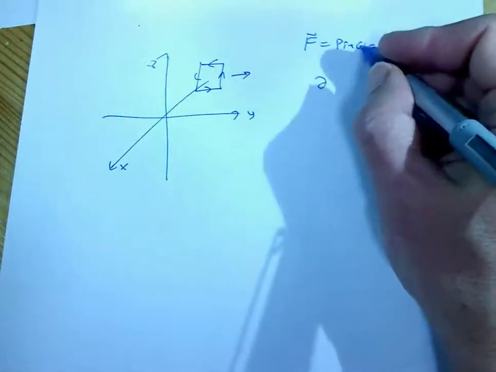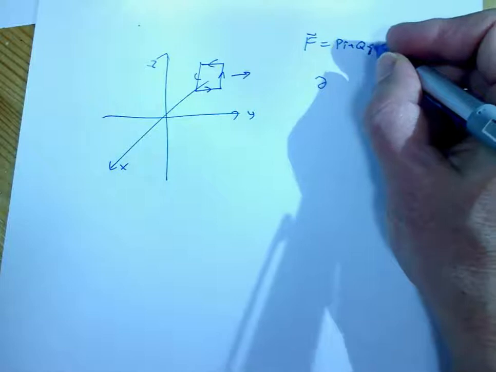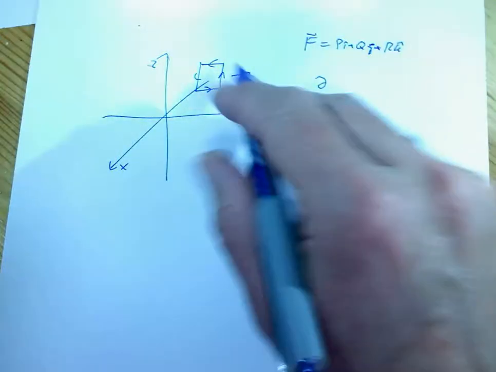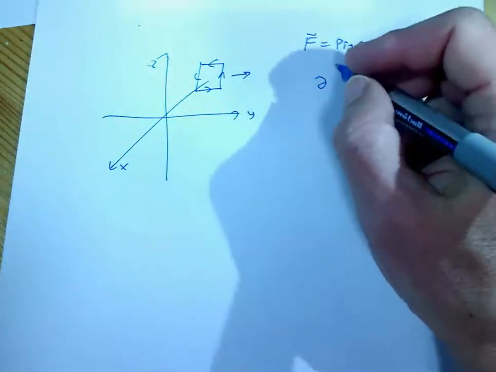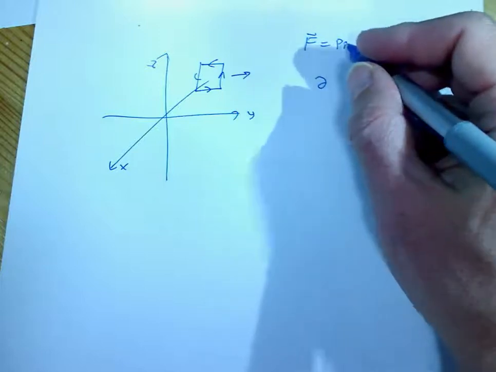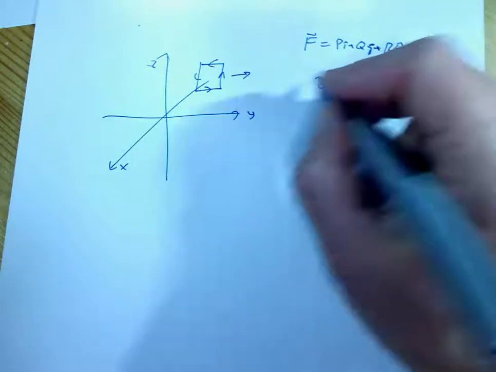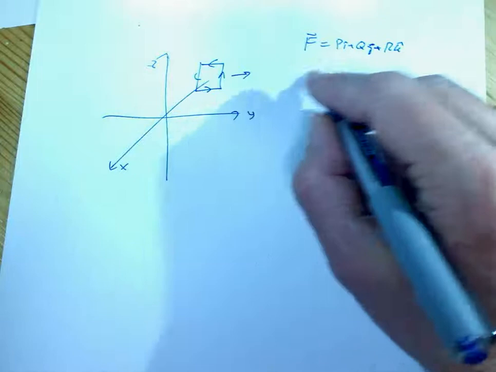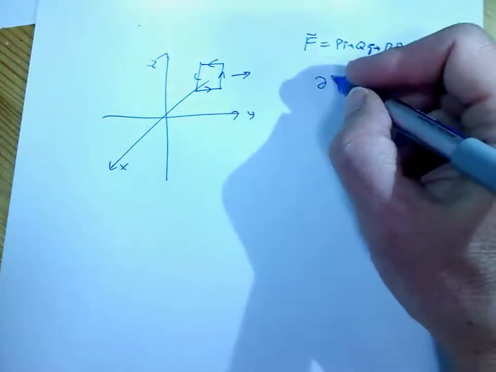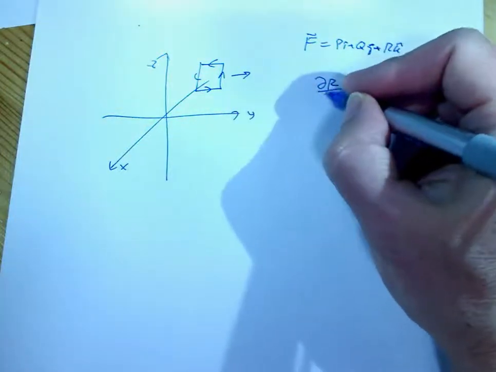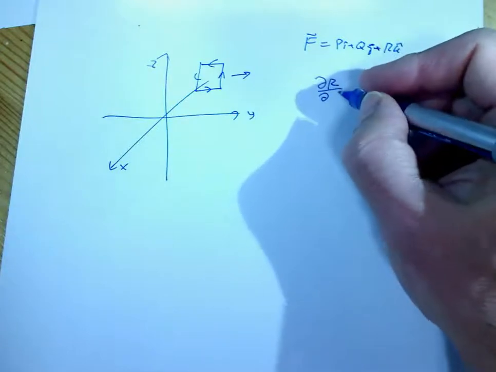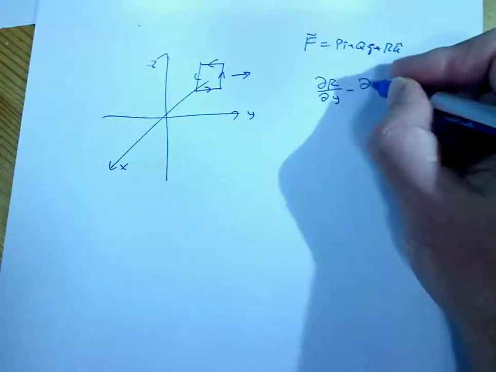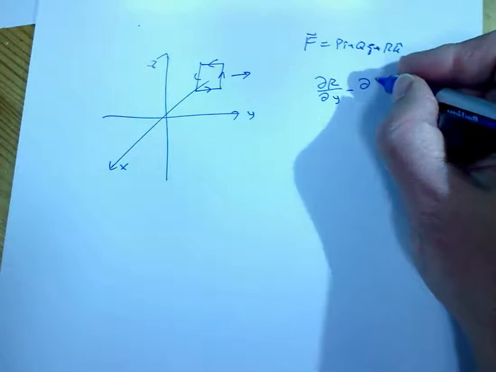I want to make sure I get the right one. I'm not looking at the book. It's easy to get the signs wrong, and I was going to mention that in a second in terms of the orientation. I always have to work it out. This is yz, and so that's going to be dR dy minus dQ dz.